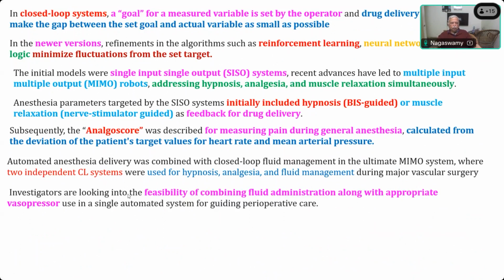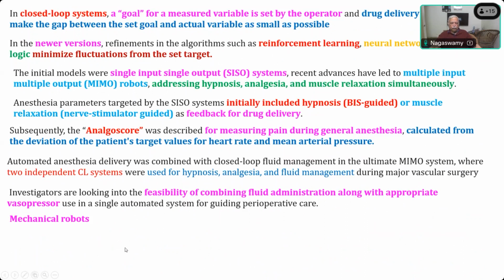Investigators are looking at the feasibility of combining fluid administration along with an appropriate vasopressor also. Initially you said you will rush fluids after a spinal, and if the patient is not responding, you give a vasopressor. Even that is decided by the computer, and then it is put into use. So these are all pharmacological robots which deal with drugs to maintain hypnosis, analgesia, and muscle relaxation.